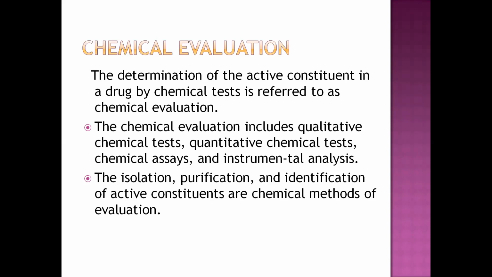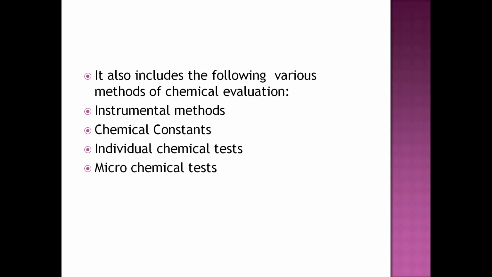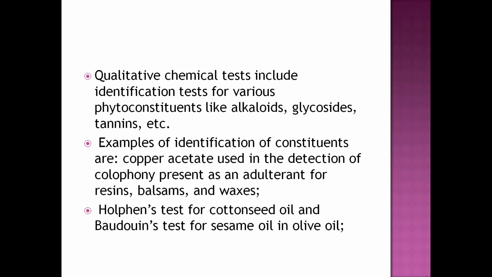All of these come under the chemical methods of evaluation. Or you can also say it includes the following: instrumental methods, chemical constants, and individual chemical tests, as I mentioned: for alkaloids, alkaloidal tests; for saponin, saponin test; for glycoside, glycosidal test; for carbohydrate, carbohydrate test; and microchemical tests for very minute quantities of constituents present.